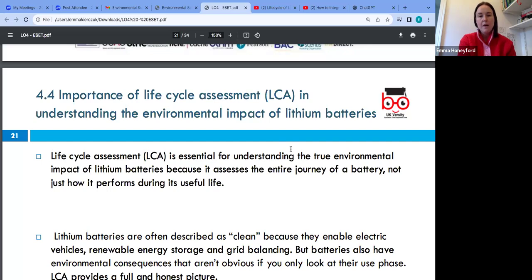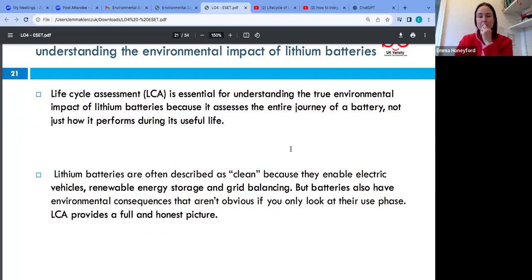So here's an example for lithium batteries. With life cycle assessment, we can understand the true environmental impact of lithium batteries, because it looks at the entire journey of a battery, not just how it performs during its useful life. So lithium batteries are often described as clean because they enable electric vehicles, renewable energy storage and grid balancing.